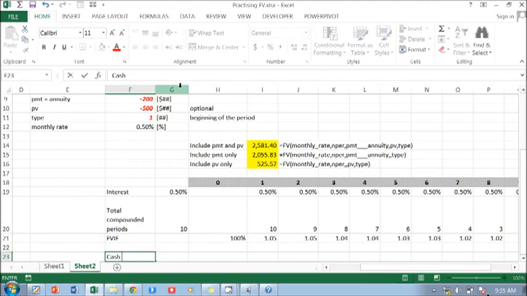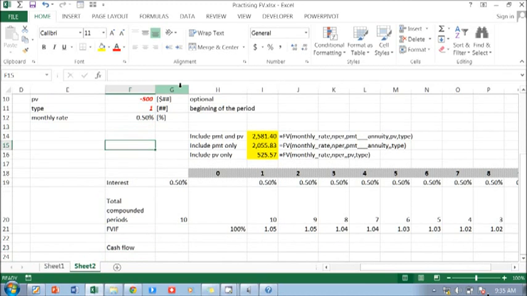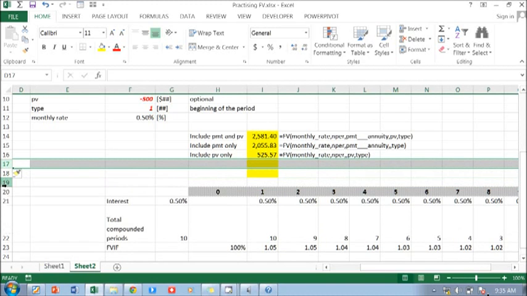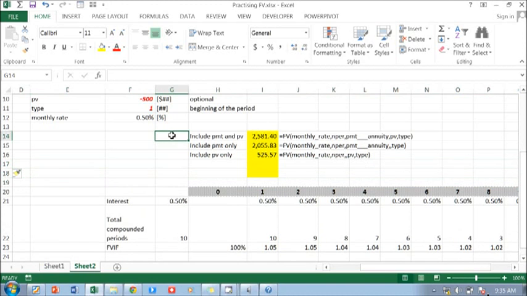Okay, now the cash flow. The first case is this. We'll put blue. I will call this case 1, case 2, and this is case 3.